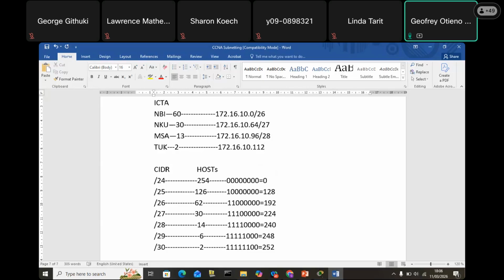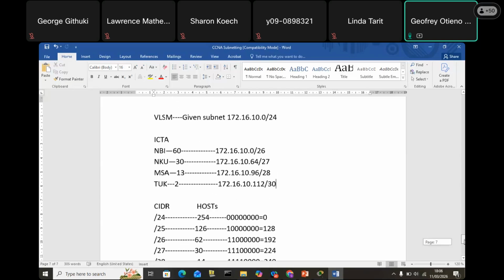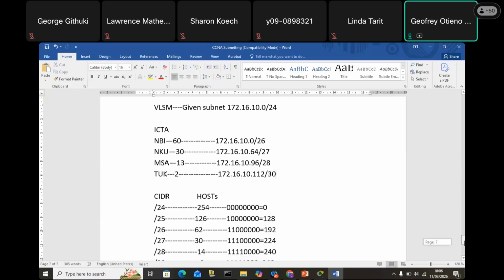Okay, so Turkana needs 2 hosts. Which prefix supports 2 hosts? 30, okay? So that's how you need to work with VLSM, variable length subnet masking.